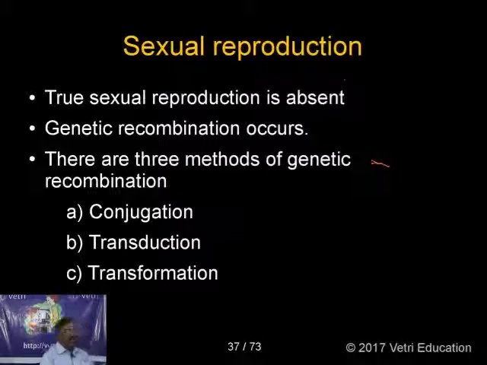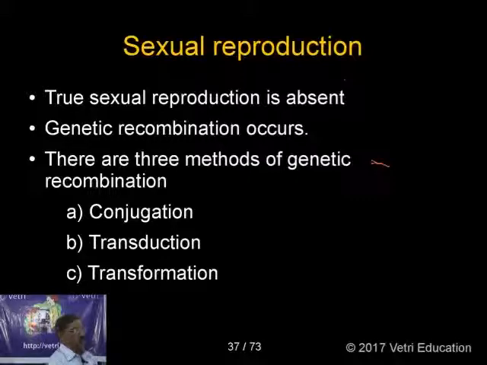But here, it is not a true sexual reproduction; it is only a recombination of genetic material, or a transfer of genetic material from one bacterial cell to another bacterial cell. This recombination takes place in three types: one is conjugation, another is transduction, another is transformation.